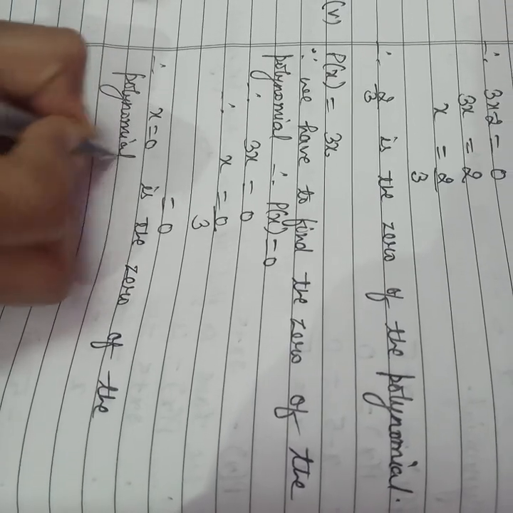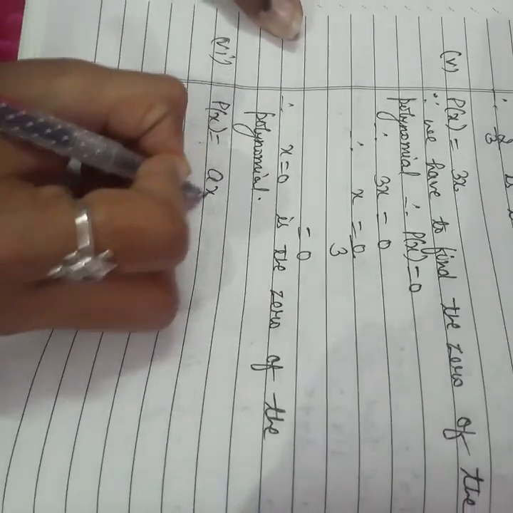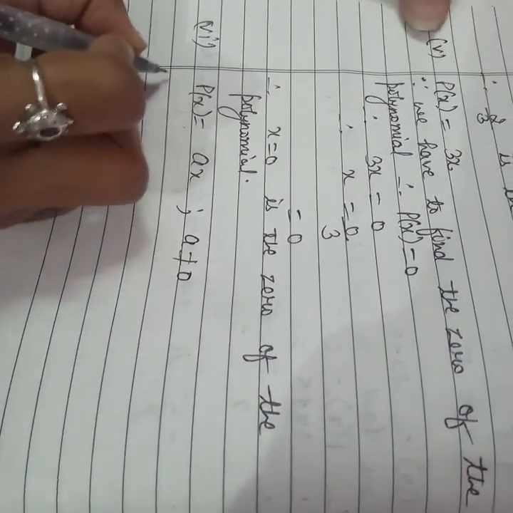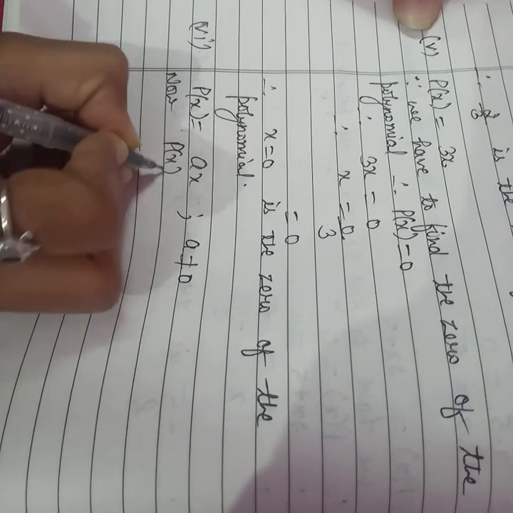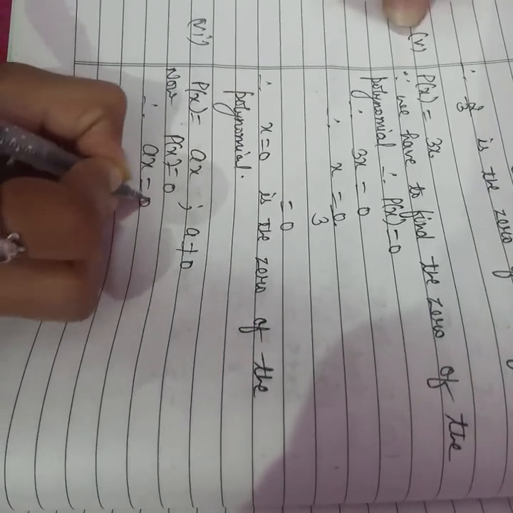Here the next part is the sixth part, which is p of x equals ax where a is not equal to 0. Now again p of x equals 0. Therefore ax equals 0.